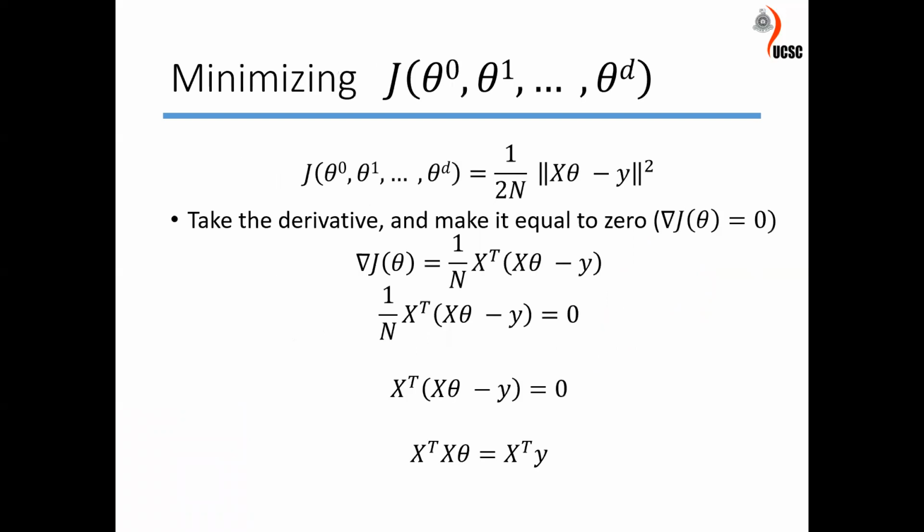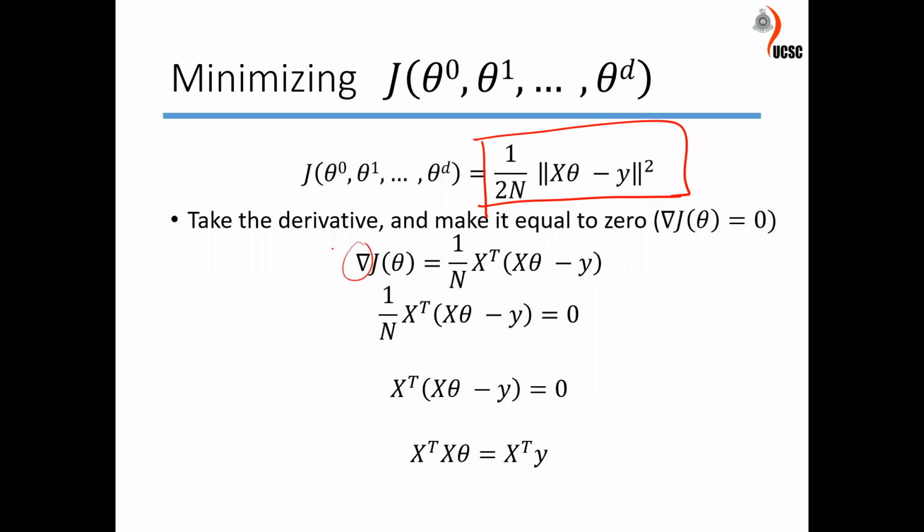Now we know the cost function. Then if we differentiate this cost function and make it equal to 0, at that point we get the needed parameters.